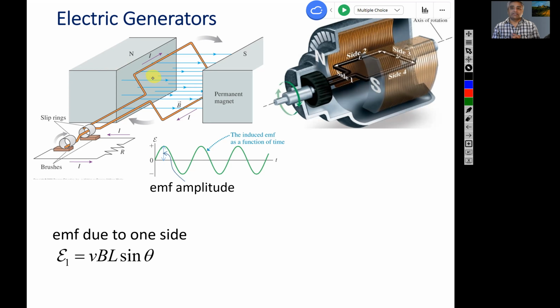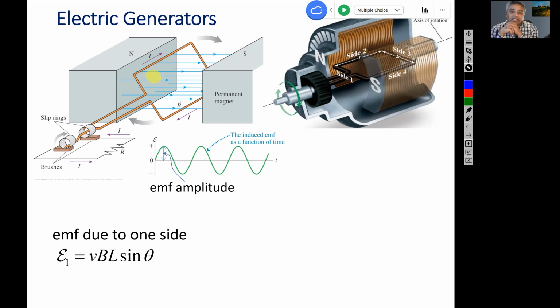So what's the difference between an electric motor versus a generator? Any idea? The motors are in the blenders, for example, in the fan, anything that makes things rotate. The generators are used to generate electricity. Motors consume electricity.